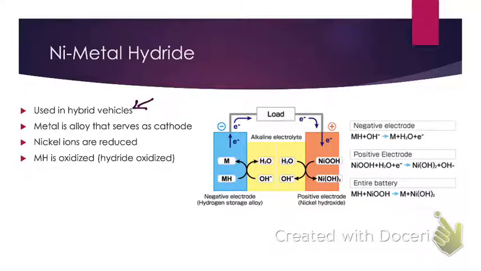It's a metal hydride, and here we see at the negative electrode, which of course is the anode, where oxidation occurs, what's actually going on is that the hydride, if you take a look at this really carefully, looks a little confusing because you'll notice that we've got a metal hydride here as a reactant species, and the metal actually is going from a plus to a 0, so the metal is actually being reduced, but most importantly, it's the hydride in this reaction that's being oxidized in this case.